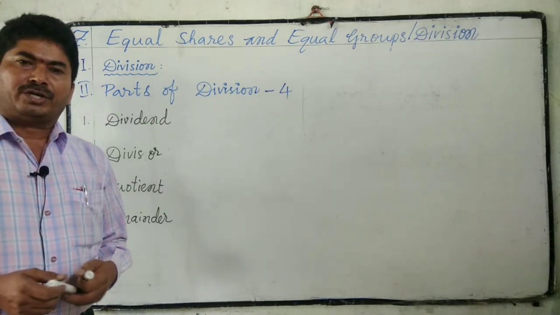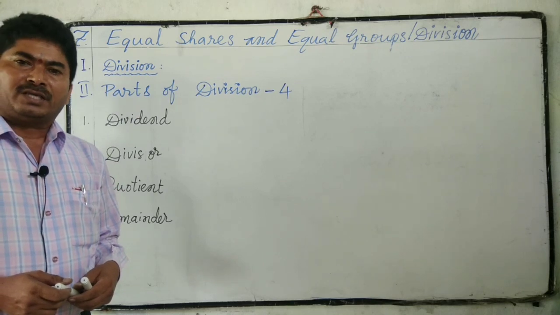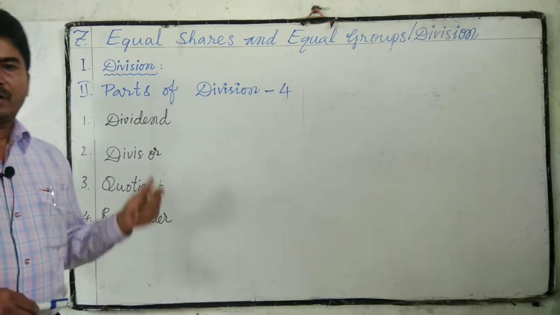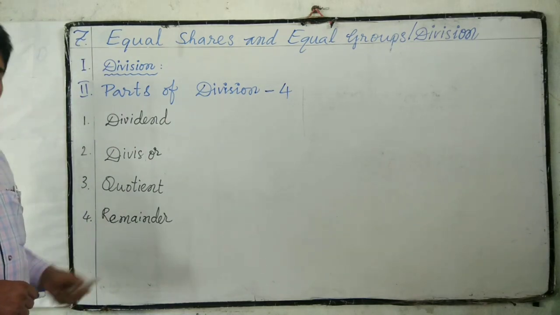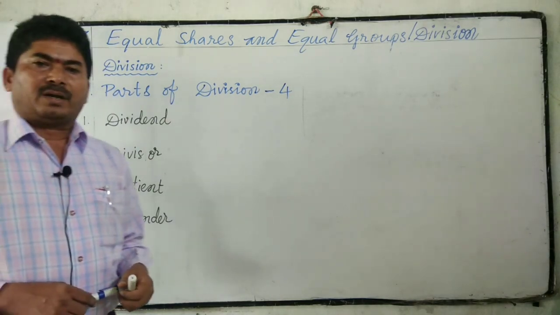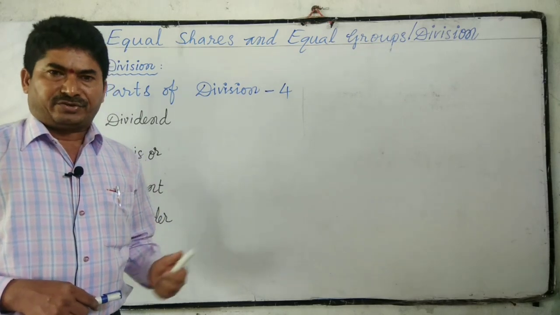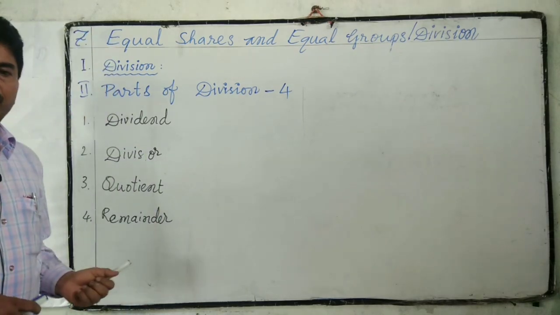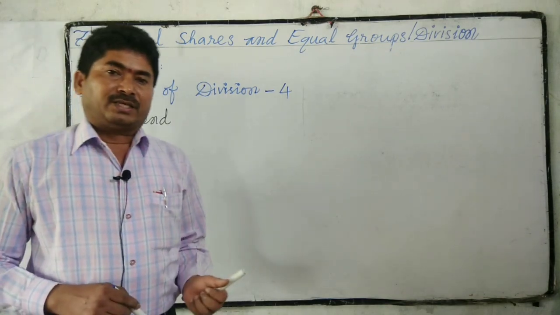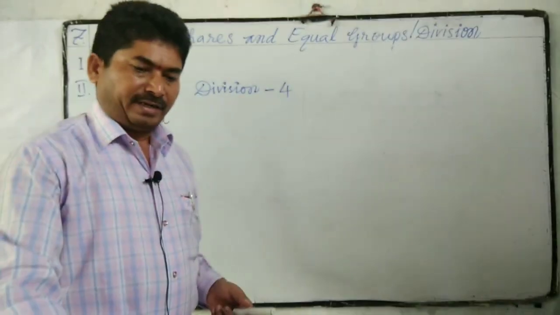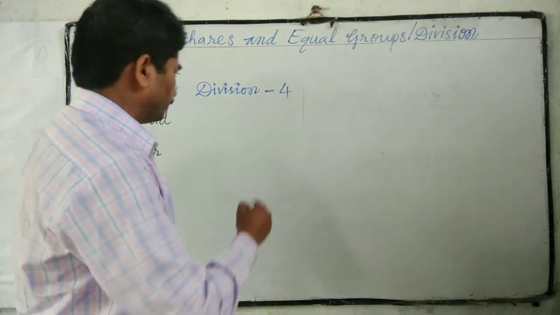What is a quotient? The result after division is called quotient. Next, remainder. The number remained after division is called remainder. The remainder is always less than the divisor. Let us see one example.